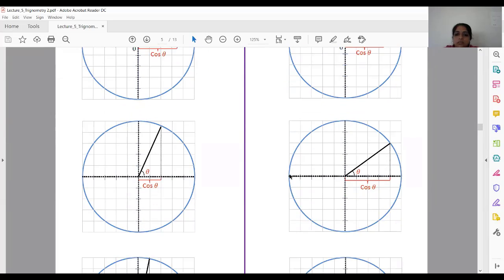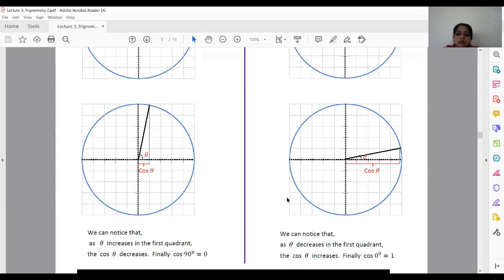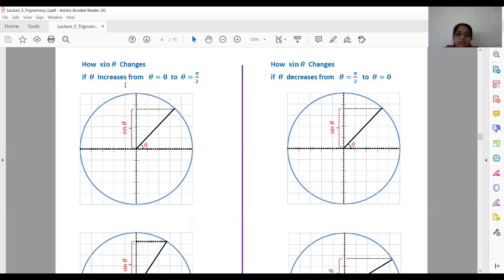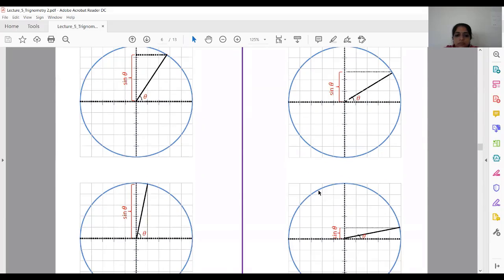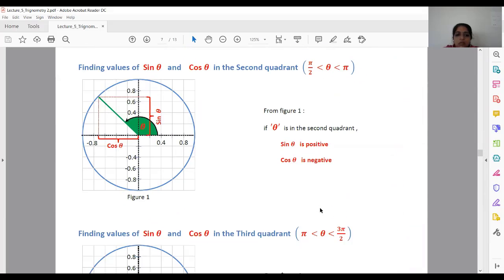The opposite occurs in sin theta. In the first quadrant, if theta increases, sin theta also increases, and if theta decreases, sin theta decreases. These are all things we learned in yesterday's lecture.